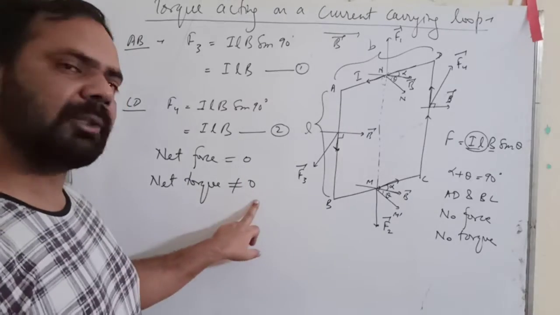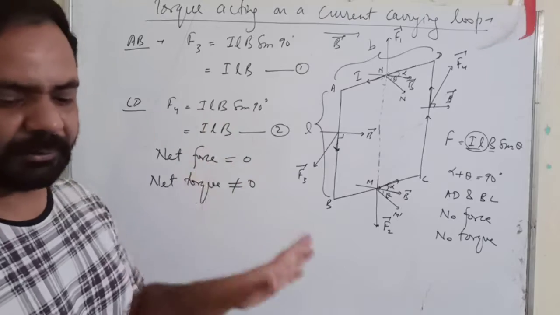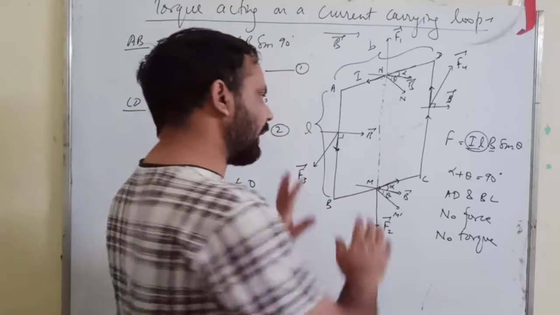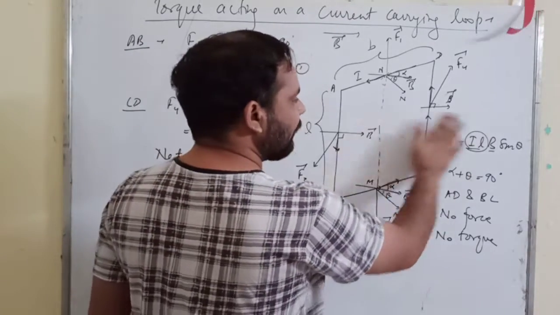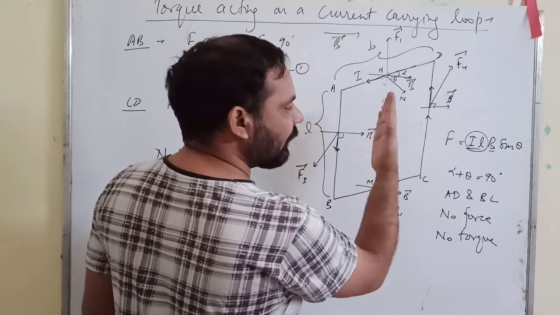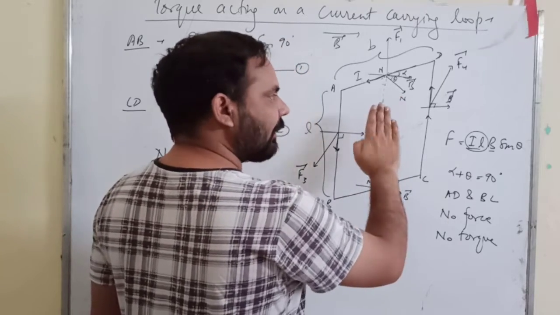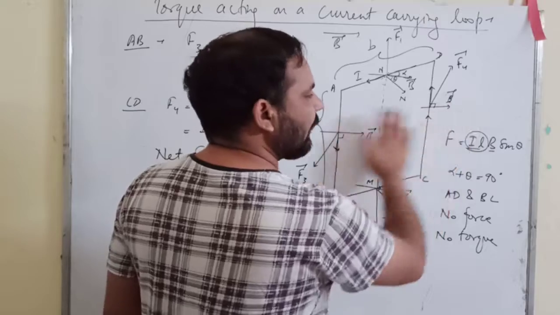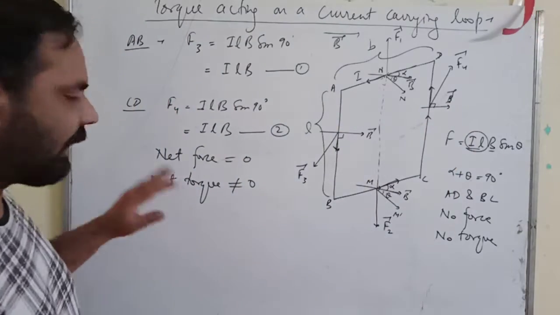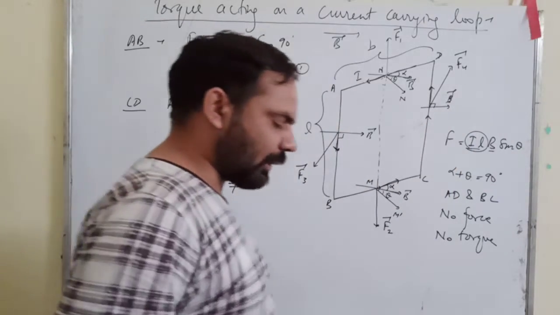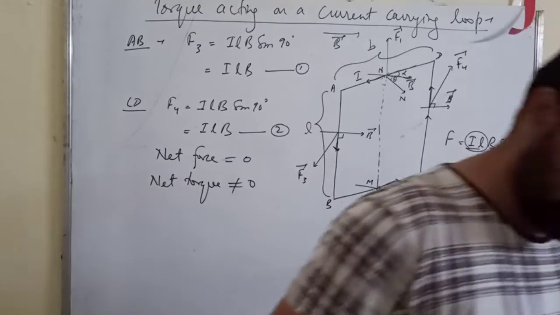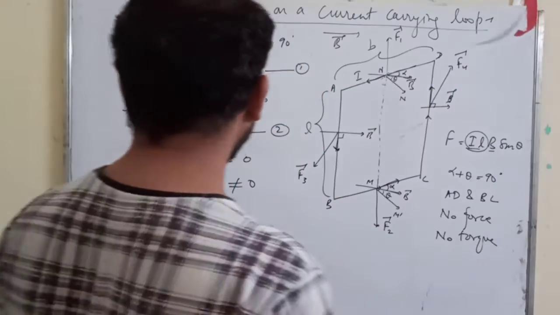So net torque is not 0, however net force is 0. What this means is that the coil cannot move linearly like this, but it can rotate like this. Okay, it can rotate here but cannot move like this. This is the meaning.